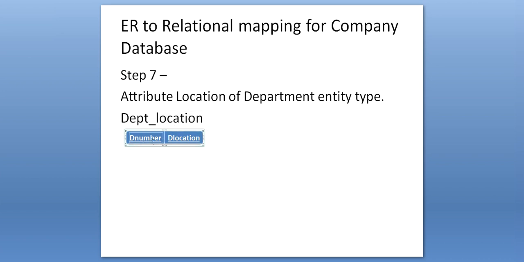That's why I'm having Dnumber here. Dnumber is the foreign key referring to the department relation. Then we have to have the attribute also. The same attribute we have to have in this relation, so that's why we have location. The combination of these two will become the primary key for this particular relation.